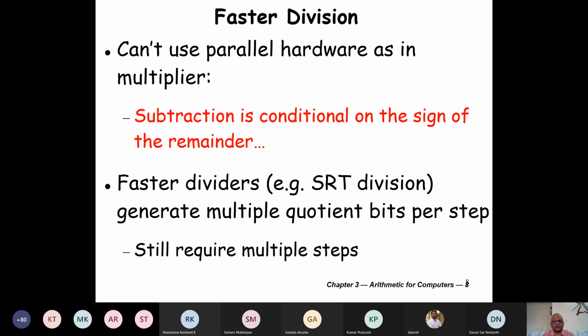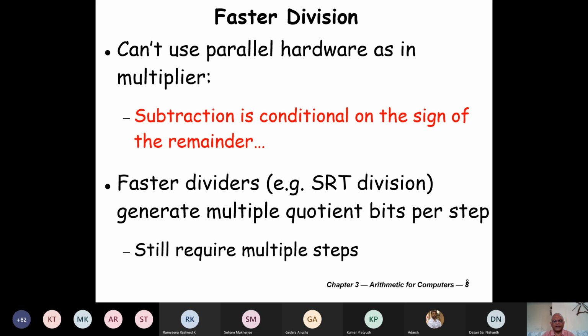But some have proposed a somewhat faster divider than what we discussed here, called the SRT division technique. It's not part of our syllabus. We're not going to discuss it. We just looked at the optimized division where we optimize the hardware, but not the speed.